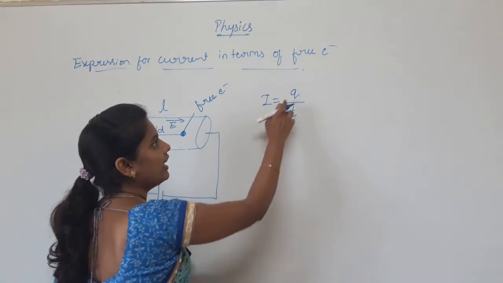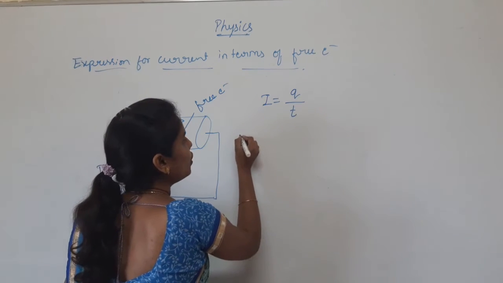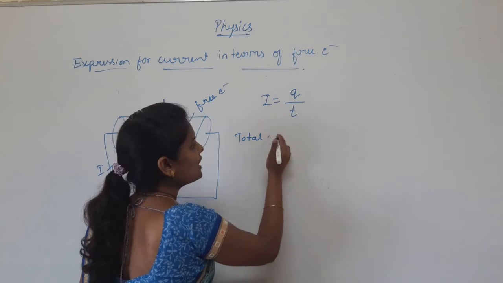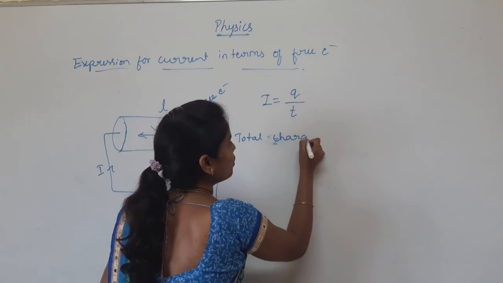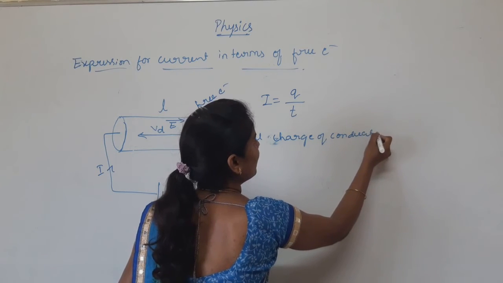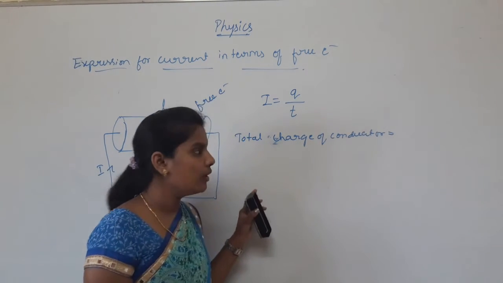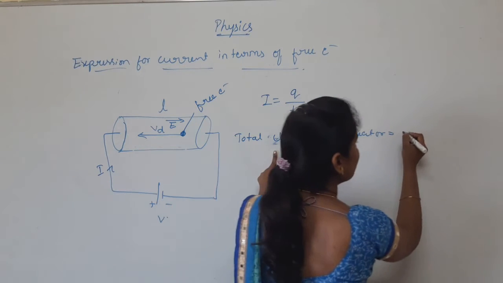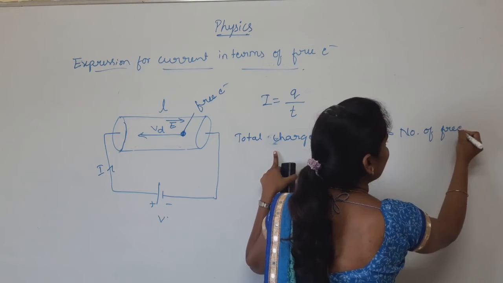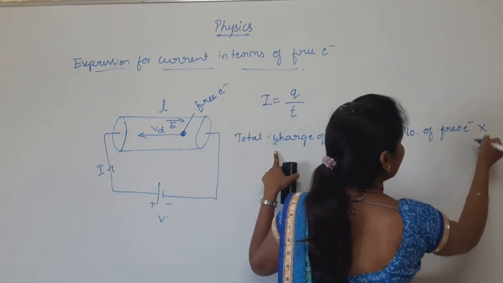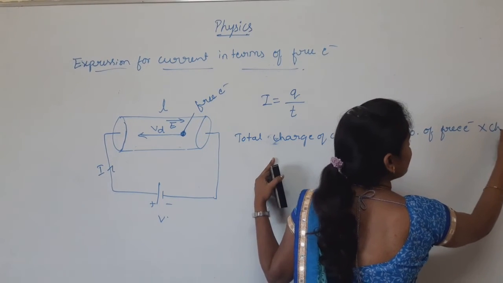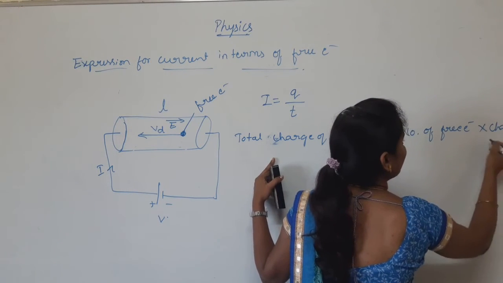Then the total charge of a conductor is the product of the number of free electrons and the charge of an electron.